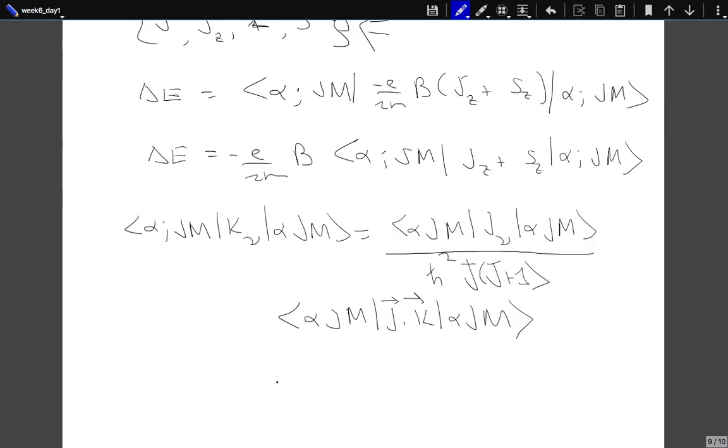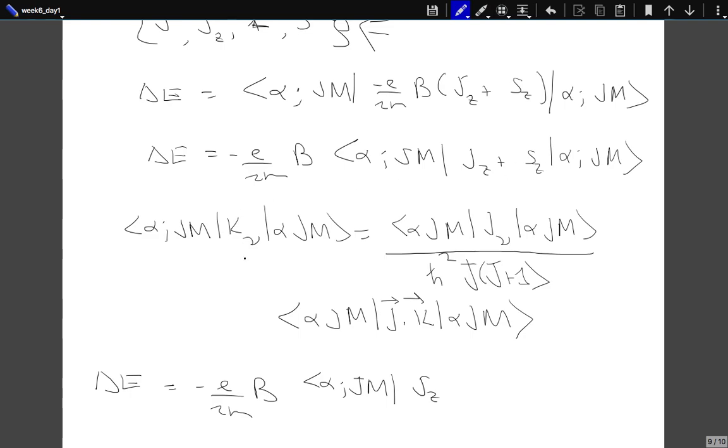This is the result that we have. Let's see, what does that mean? It tells me that the energy shifts, or the energy eigenvalues, up to first order corrections, is equal to minus e over 2m times B. For that matrix element, I can just write alpha J m, Jz.